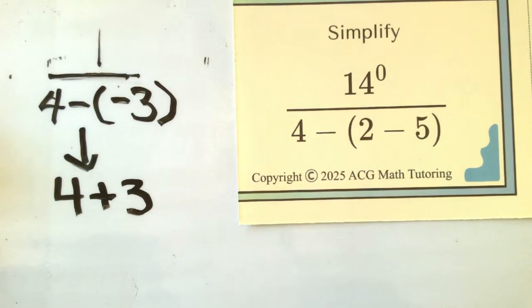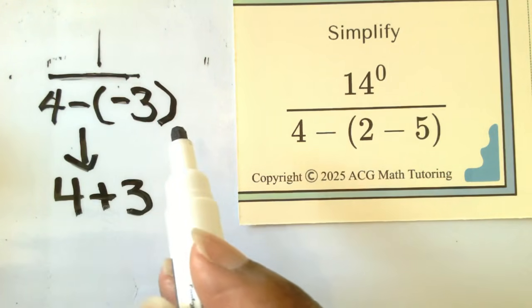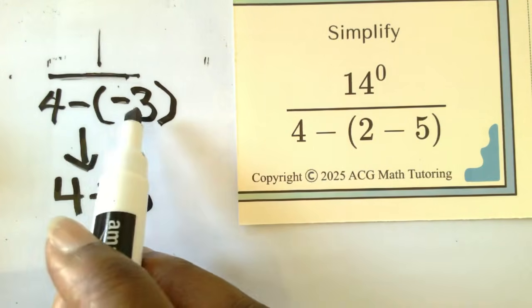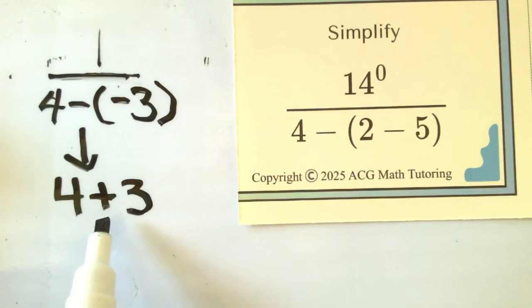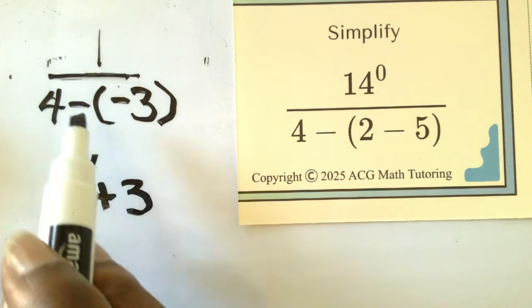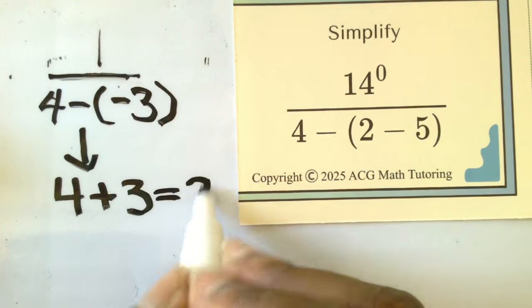It's very similar to the process of when you're doing multiplication. When you do multiplication and the signs are the same, your result will always be positive. So a negative divided by a negative will give me a positive. So now we got 4 plus 3, that gives me 7.